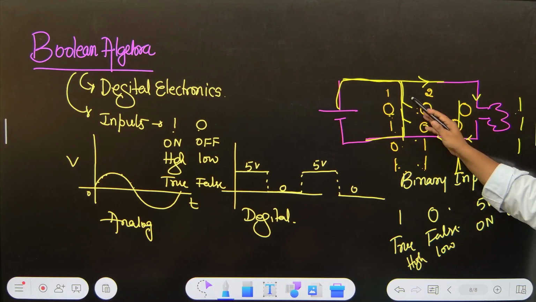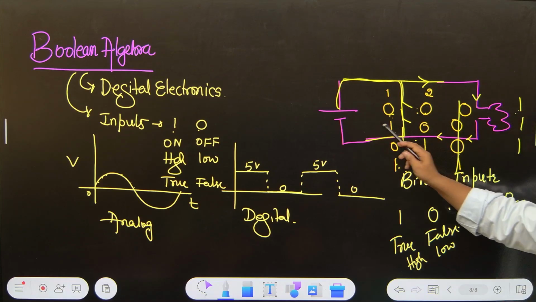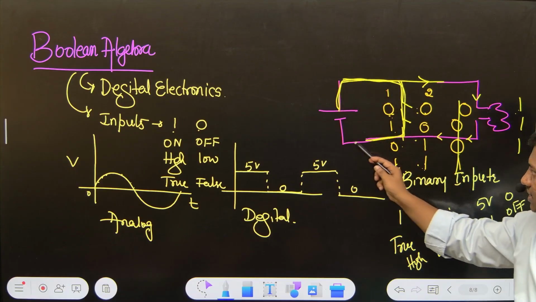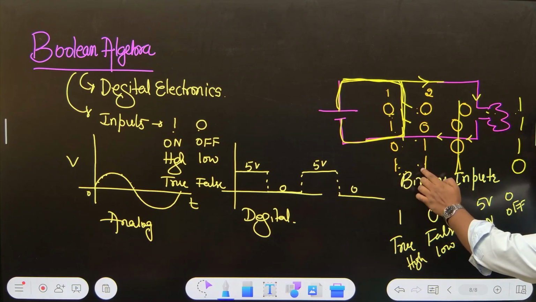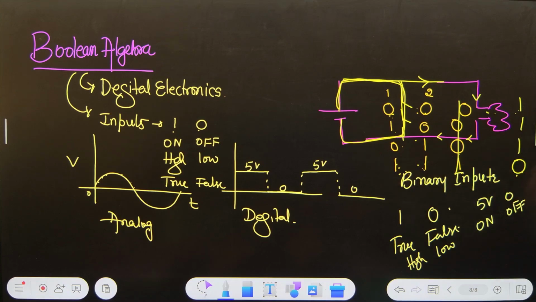The path always will be where there is no resistance. Then our current goes through this, the bulb will not glow, then it is 0. Now when both inputs are maximum, the output is 0. Output is there whenever at least one input is minimum. This is exactly the opposite of the AND gate, and it's called a NAND gate, NOT of AND gate.